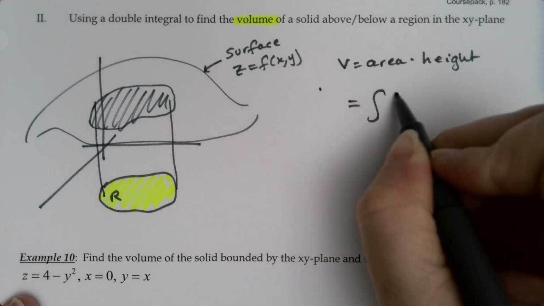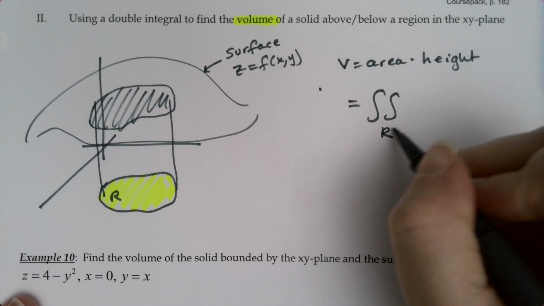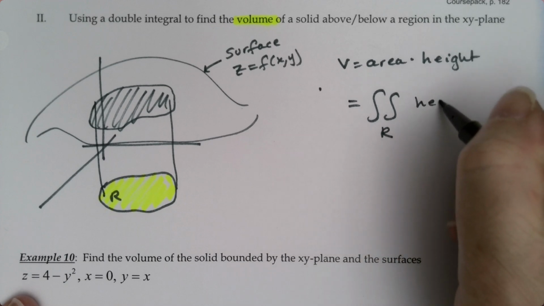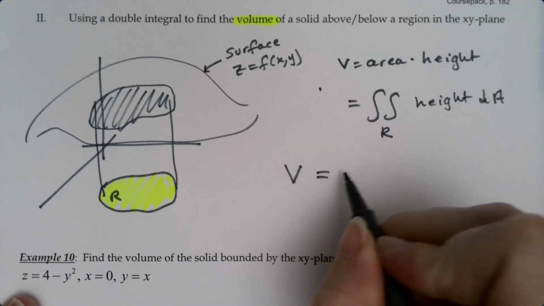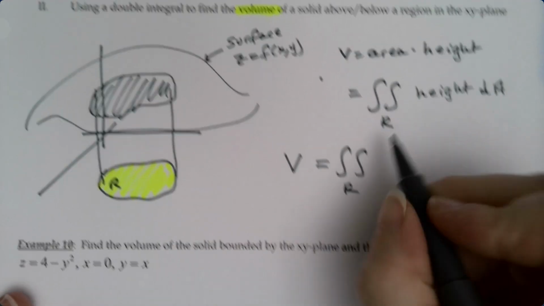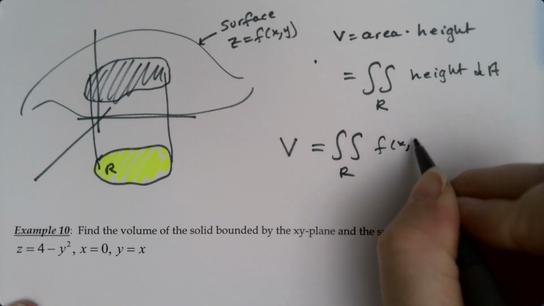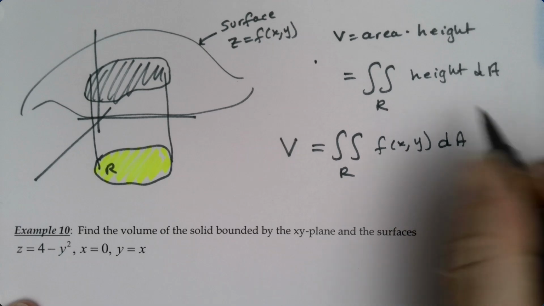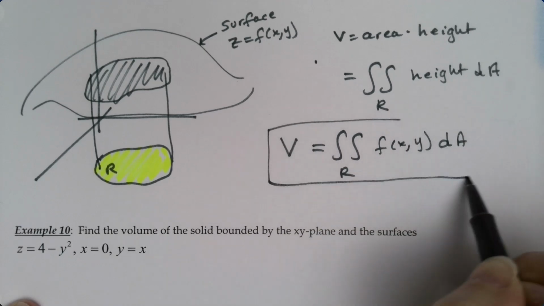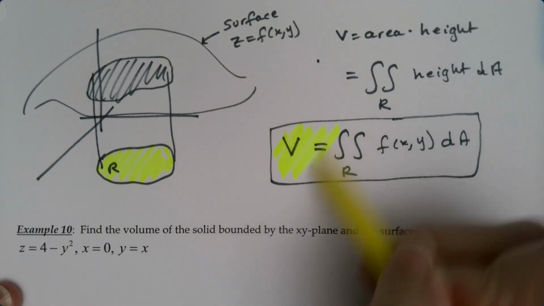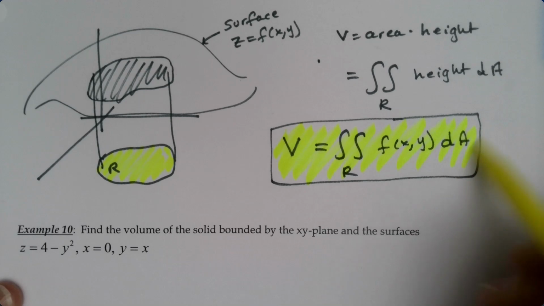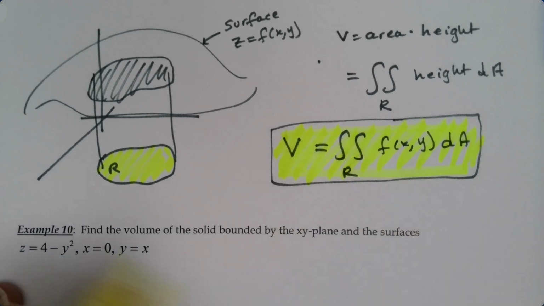You have to integrate through calculus over that region of the height function with respect to area. And so the way that works in practice is you're taking the double integral over the region of f of xy dA. And of course, it doesn't have to be x and y. It just usually is the way that we refer to it. But it technically could be y and z. And then you're integrating sideways.